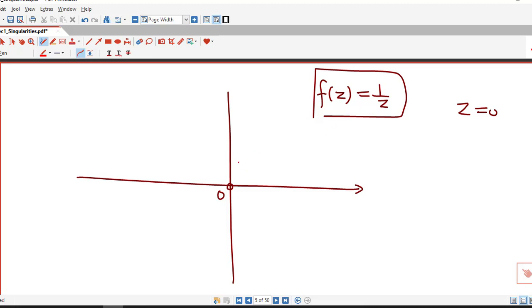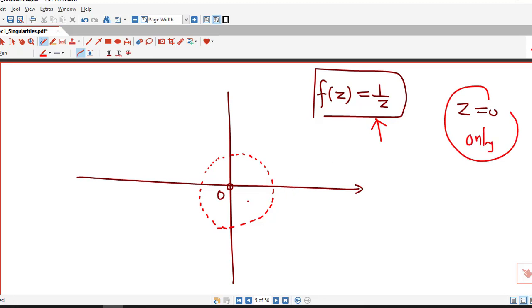We have to check whether the function is analytic at some point in any neighborhood of z0. Suppose I consider this neighborhood of z0. Because the function is not analytic at z equal to 0 only, we can see that the function is analytic at all other points in the neighborhood of z equal to 0.